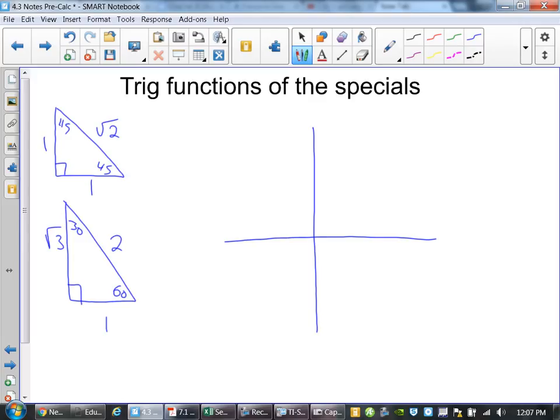That's not going to be too crazy. When we built our triangles and in the unit circle, we switched them from degrees into radian measure. When we did 30 degrees as far as a radian, what do we write that as? Pi over 6. So we knew that at pi over 6, we had a cosine sine value. What was the cosine at pi over 6? And then the sine was 1/2.